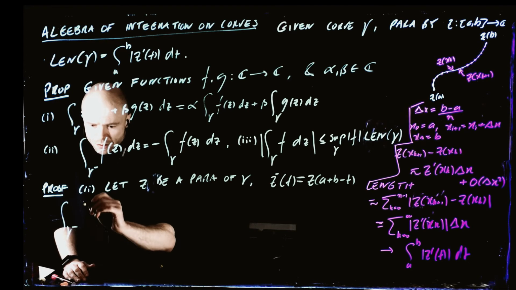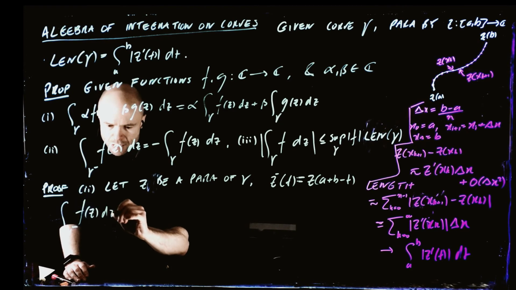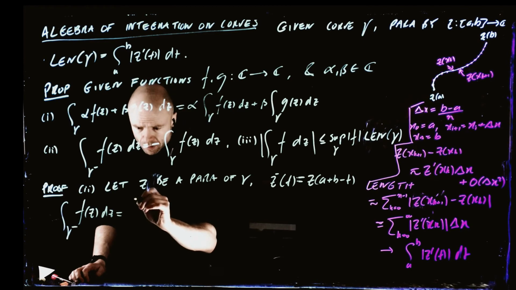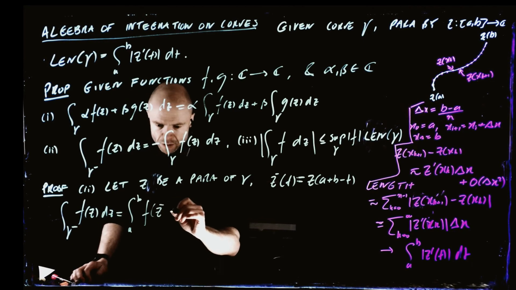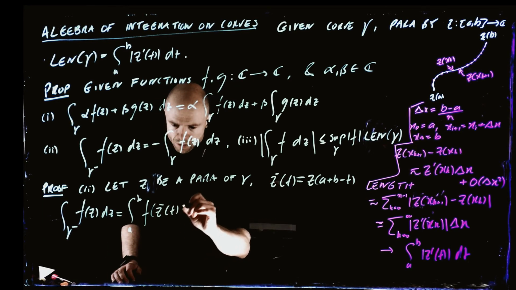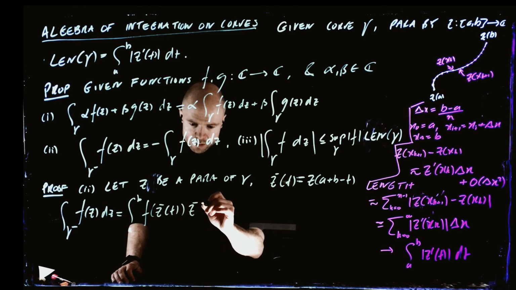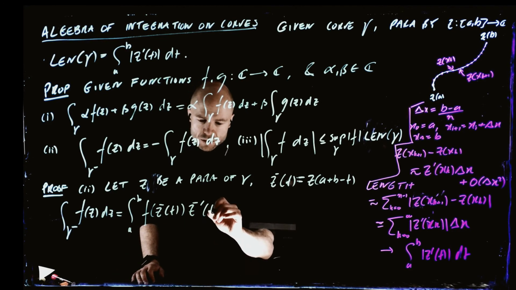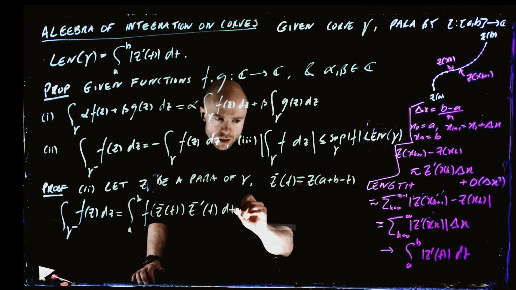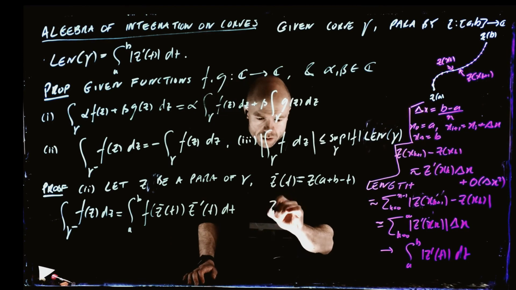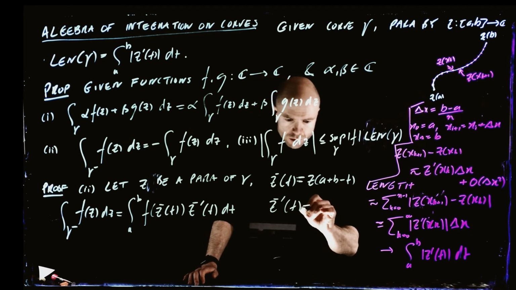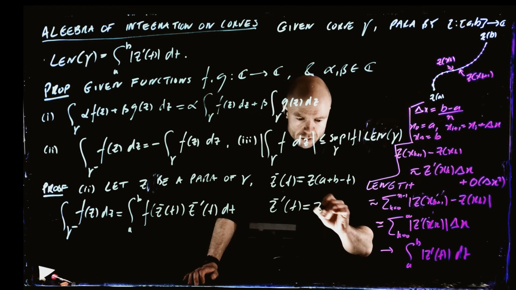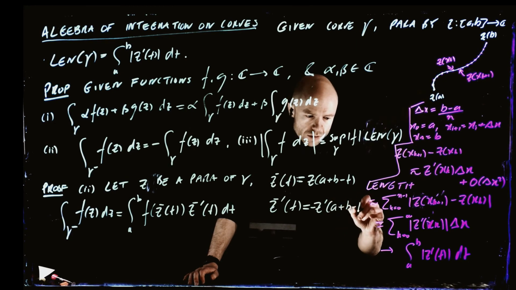So the integral over gamma minus of f of z dz equals the integral from a to b of f of z minus of t times z minus prime of t dt. Let's look at what z minus prime is. Z minus prime of t, so this is a bit unfortunate notation, if we differentiate through this, it's going to be z prime with a minus sign, of a plus b minus t, just by the chain rule.